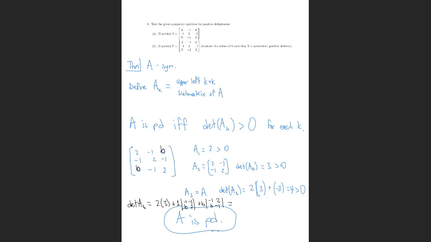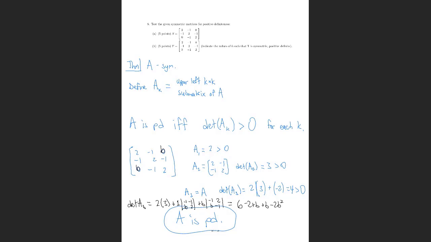So let's see here. That's going to be 6. It's minus 2 plus B. And then here, this would be 1 minus 2B. Now distribute the B to that, so we'll get this.